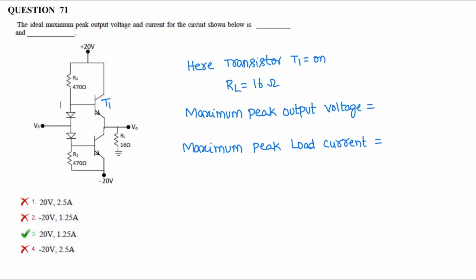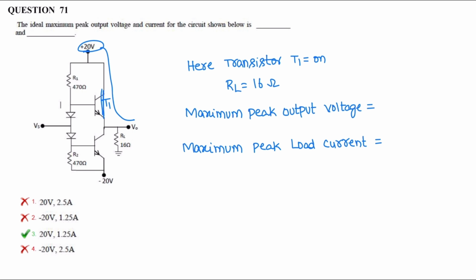Next question. The ideal maximum peak output voltage and current for the circuit shown below is. Here the transistor T1 is on and the given load resistor RL is 16 ohms. Once T1 is on, the supply voltage of 20 volts appears at the output.